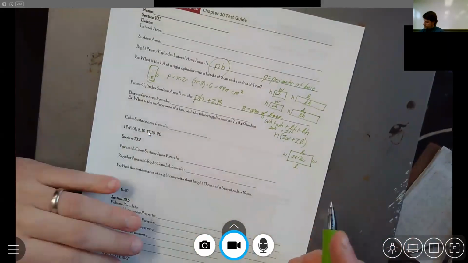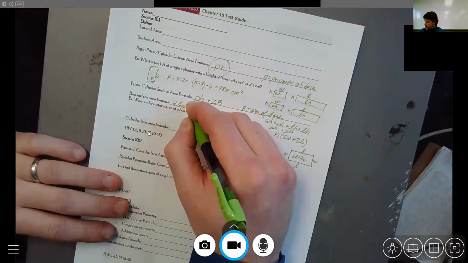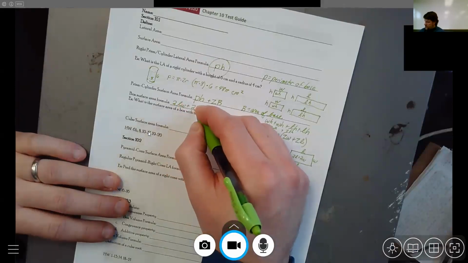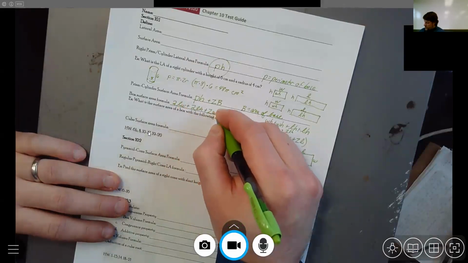They're very common. So just to note, the formula would be 2LW plus 2LH plus 2WH.